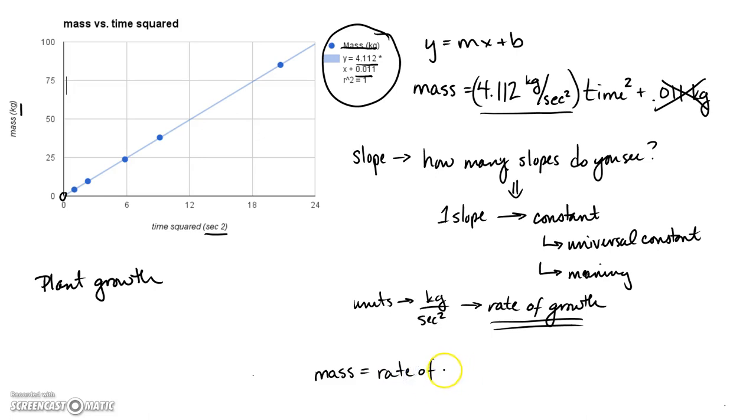I guess I could have written growth rate. It's probably unique to each plant. I'm guessing not all plants have the same growth rate. Times time squared. So this is a specific thing. Maybe you say rate of growth. Maybe you leave it as the numerical value, because it is just a number.